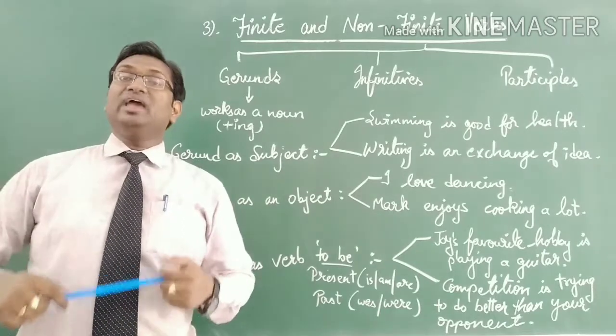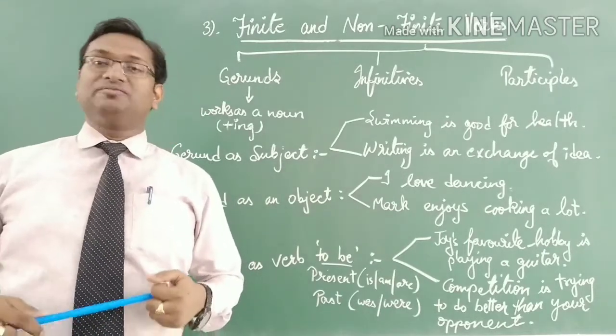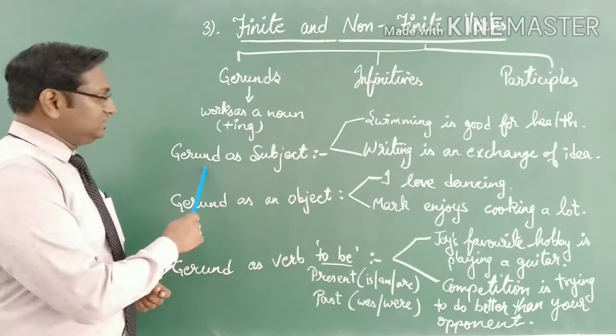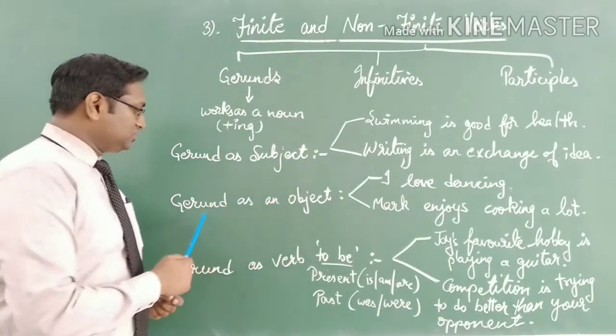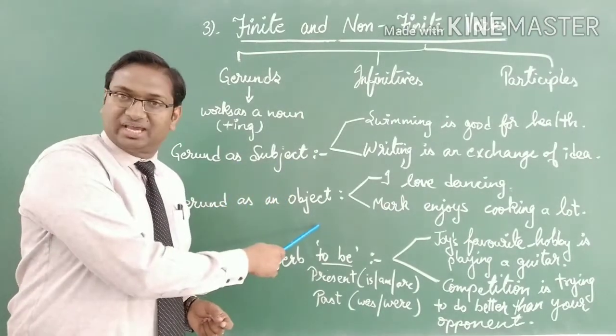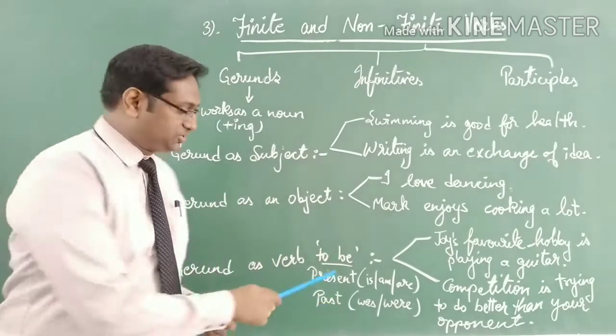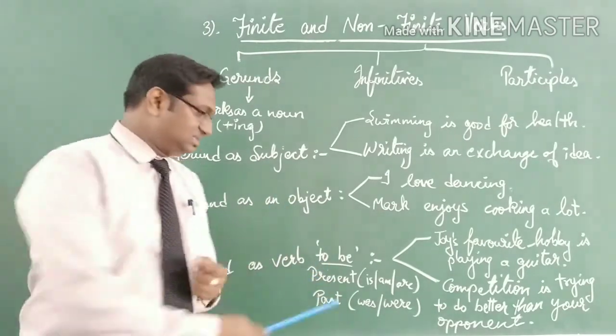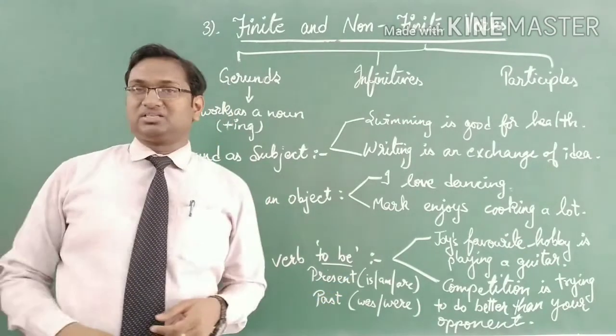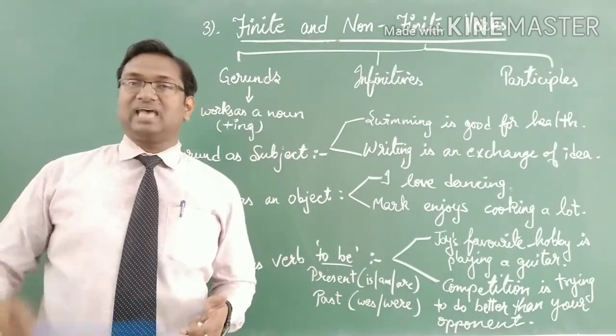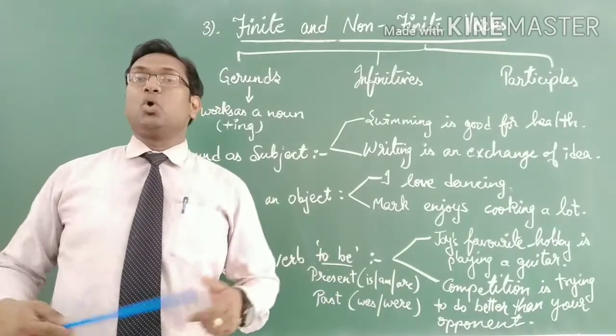Like this. Now, we have three uses of gerunds. Gerund as subject, gerund as an object, and gerund as a complement of the verb to be. To be means present and past. What we are going to use in present is am, is, are, and for past was, were.